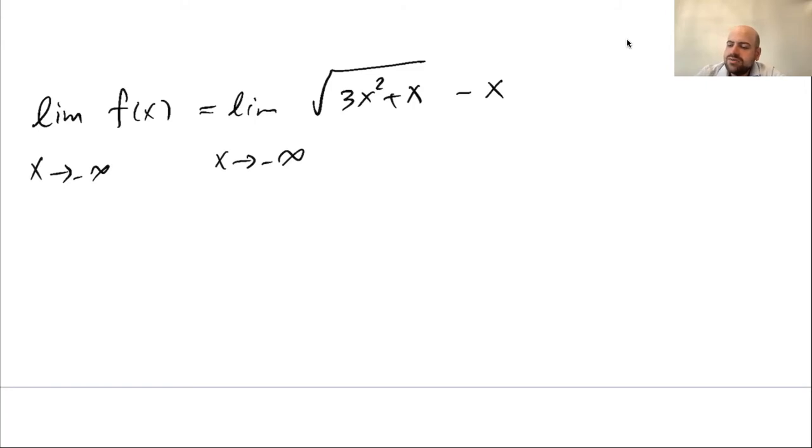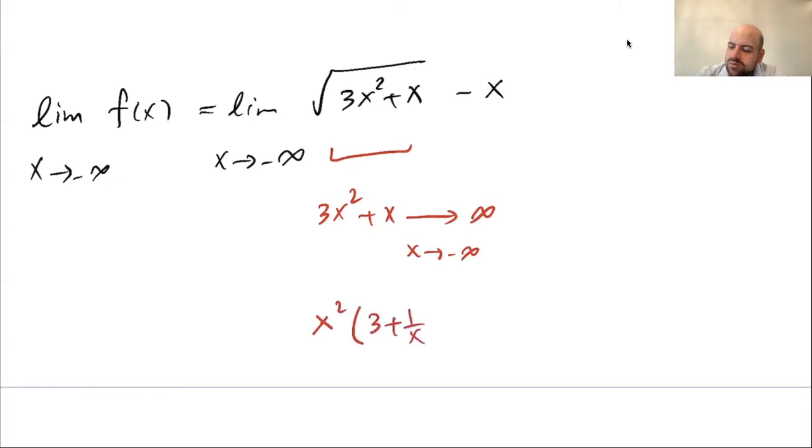Now, let's look at the first term. What happens to the first term as x goes to minus infinity? So 3x squared plus x as x goes to minus infinity approaches infinity. Again, you can prove this similar to what I explained before, because we can factorize x squared out, and then 3 plus 1 over x will be left.